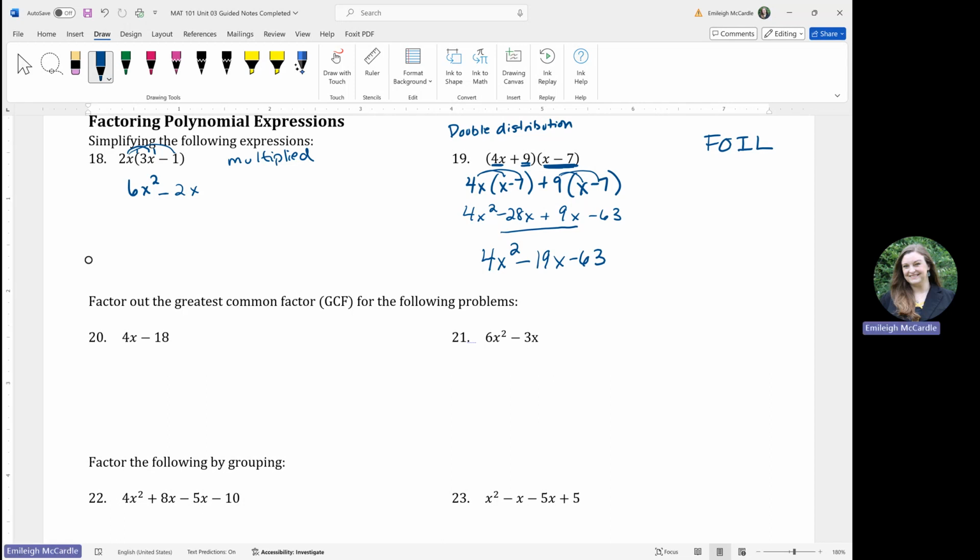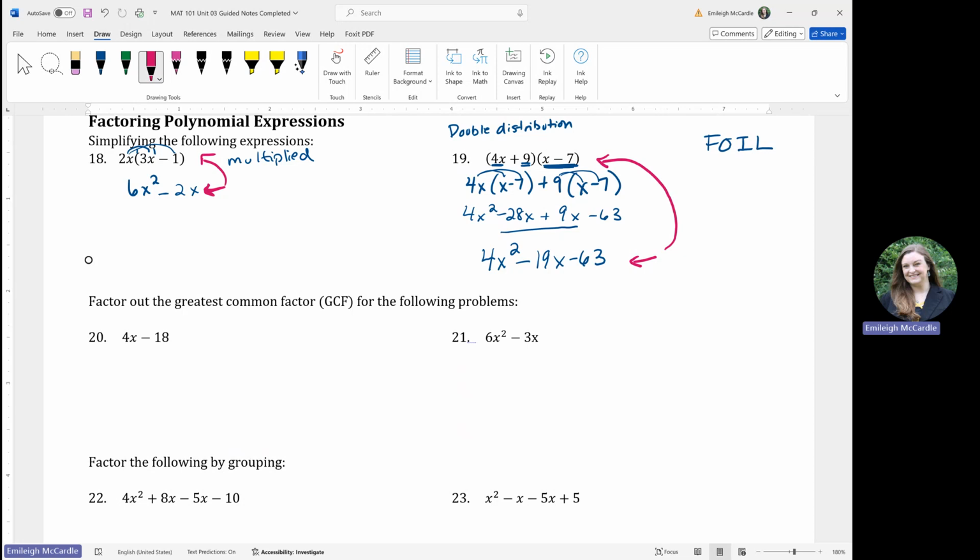So factoring, let's talk about that. Factoring can look like we start with this problem and we get to our end result. Notice that our quote unquote end result are parentheses for both.